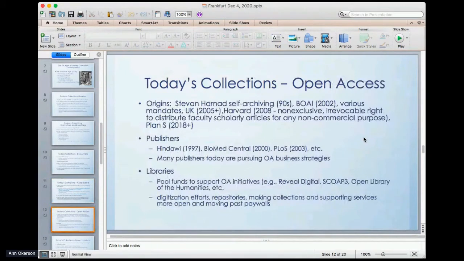A moment on open access, about which you heard a great deal very cogently yesterday from Dirk. Persistent is the long-term passionate commitment of librarians and growing segments of society to advancing the cause of open access. Open access has emerged today as a mission-driven commitment to making curated, high-quality scholarship available to the entire global population without paywalls.